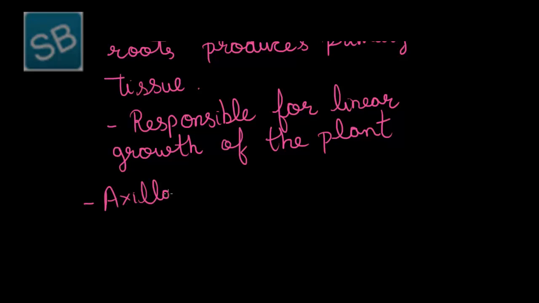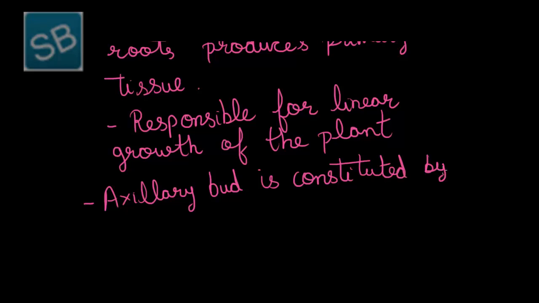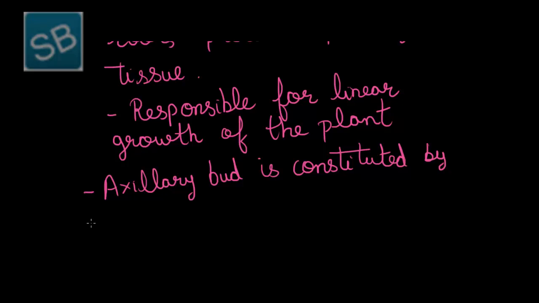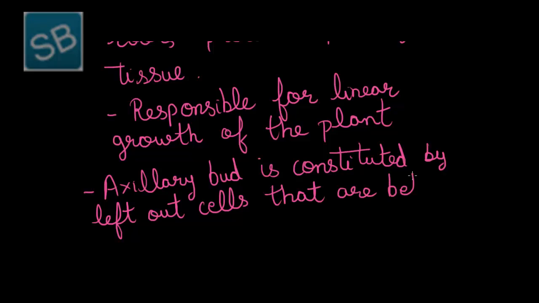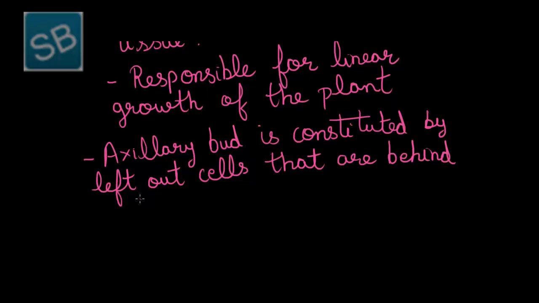Thus, the axillary bud is constituted by the left out cells that are behind the apical meristem of the shoots.